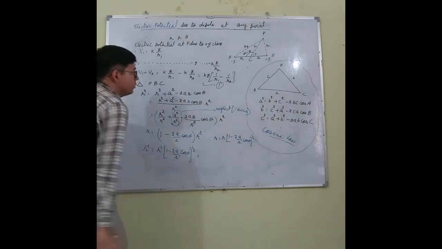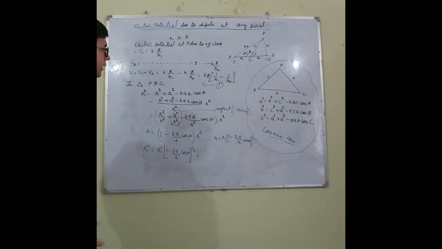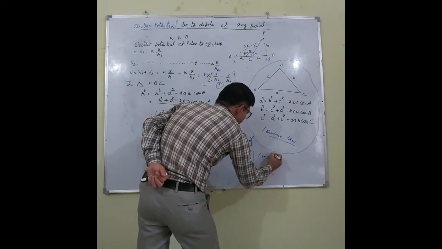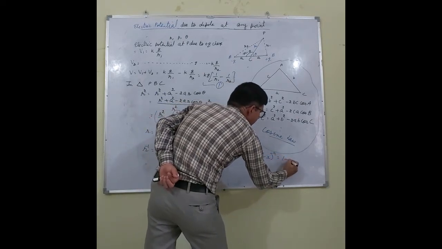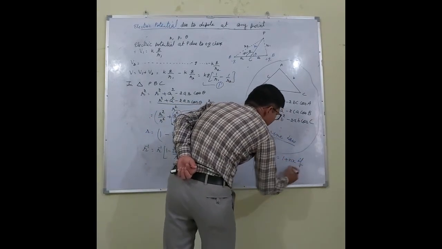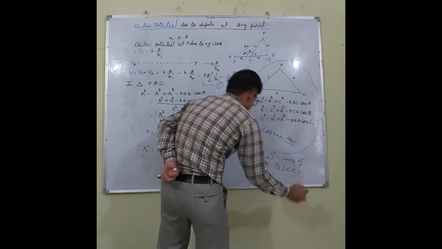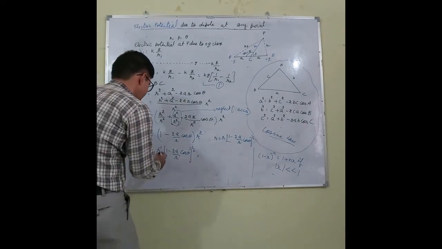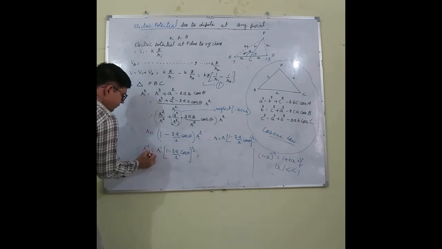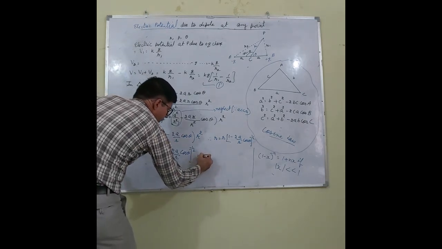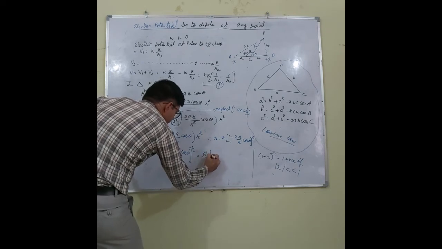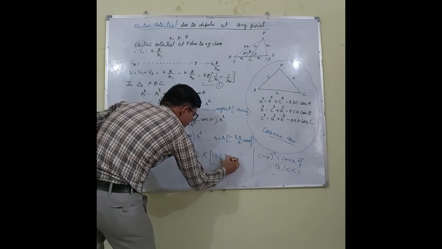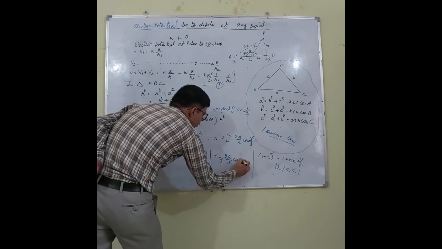Now again using the binomial theorem. What is the binomial theorem? 1 minus x to the power minus n is 1 plus nx if the magnitude of x is very, very small. So what can I write here? 1 by R, then 1 plus 2A by R cos theta, with the half.